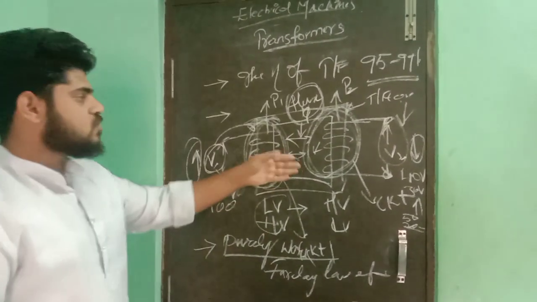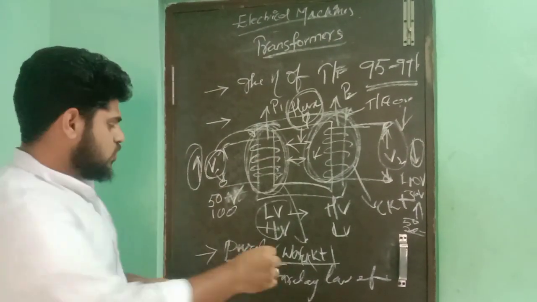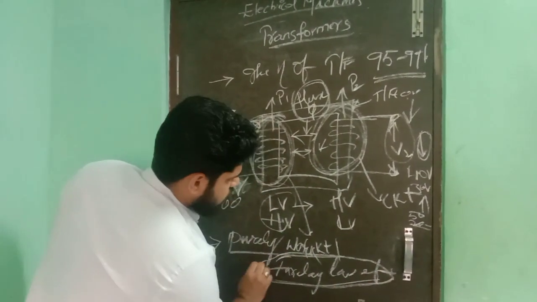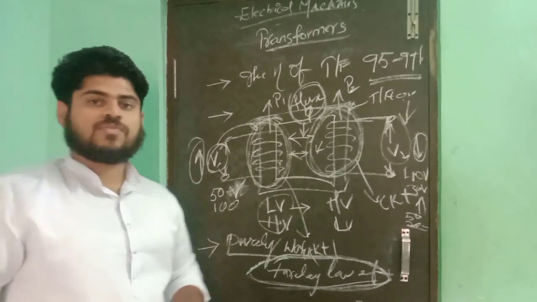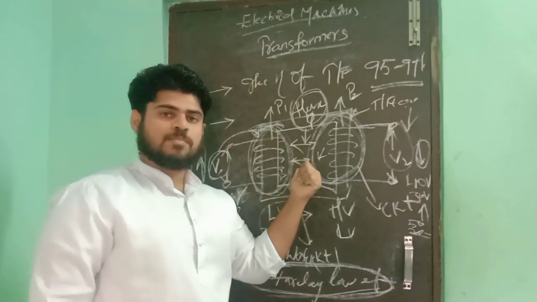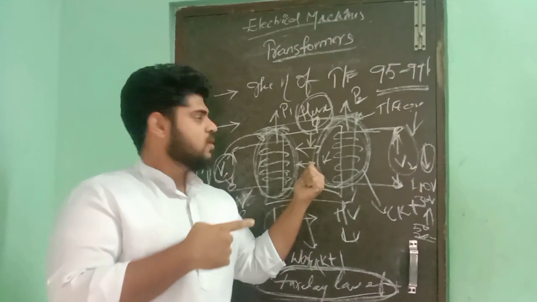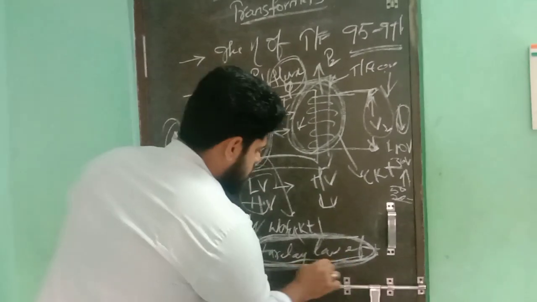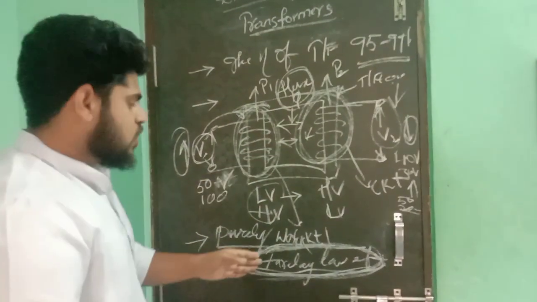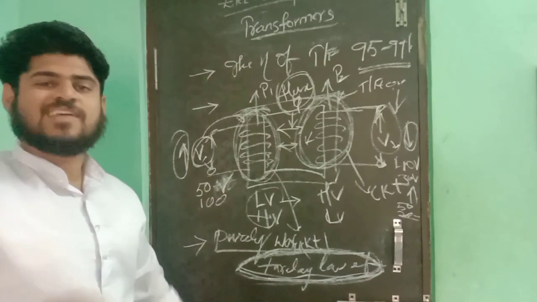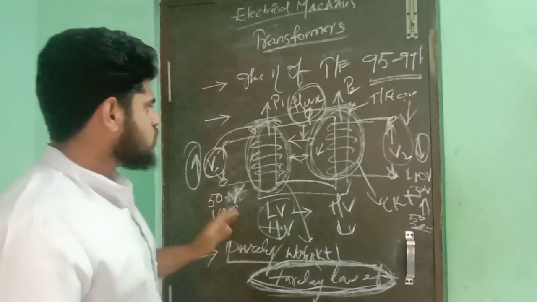So hence transformers work on the principle of Faraday's law of electromagnetic induction. Mainly, transformers work on the basic principle of induction. So the main point to be noted here is the working principle of a transformer. What is that working principle? We can say it is Faraday's law of electromagnetic induction.